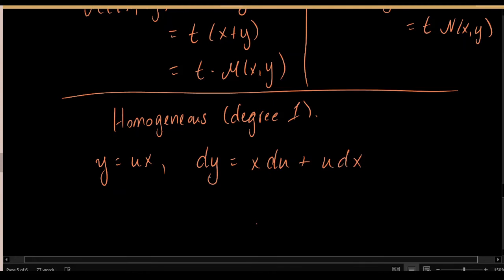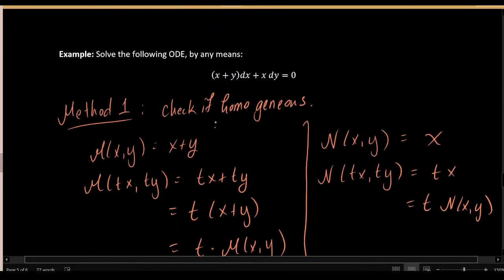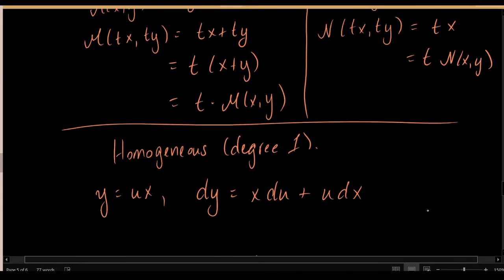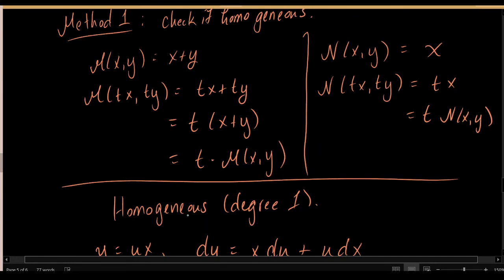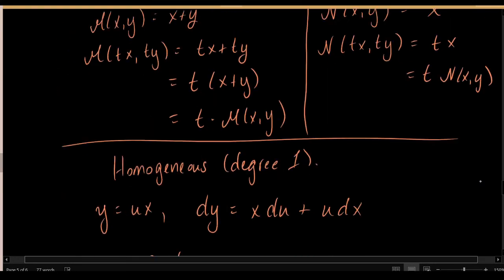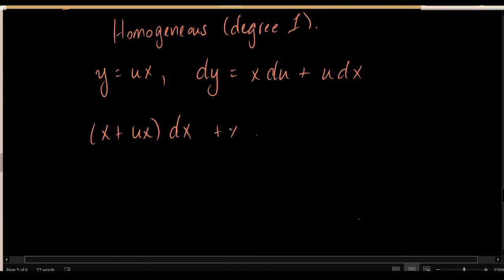And let's see what happens if we do this. We get x plus u times x dx. We get x not times dy, but x times x du plus u dx equal to 0. And let's go ahead and simplify this.